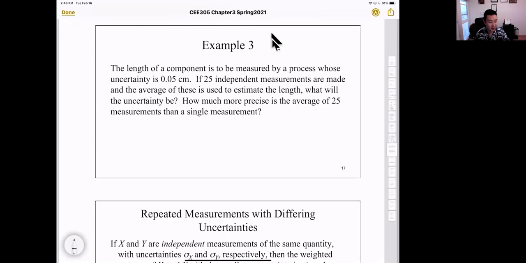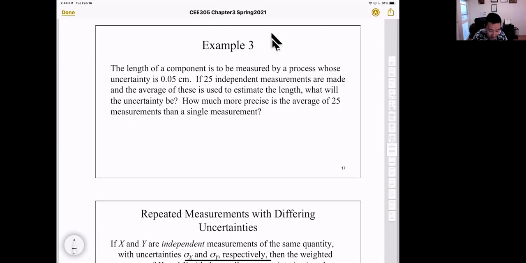Let's look at another example here. The length of a component is to be measured by a process whose uncertainty is 0.05 centimeter. So 25 independent measurements are made and the average of those is used to estimate the length. What will the uncertainty be?